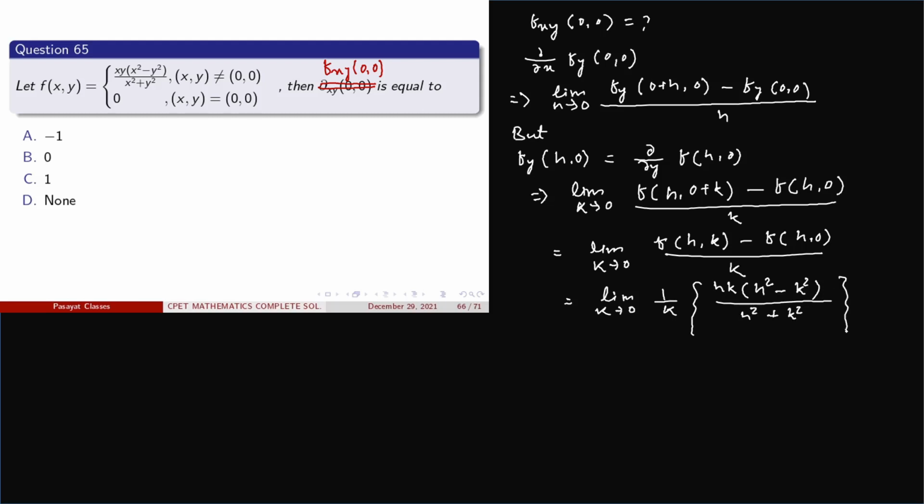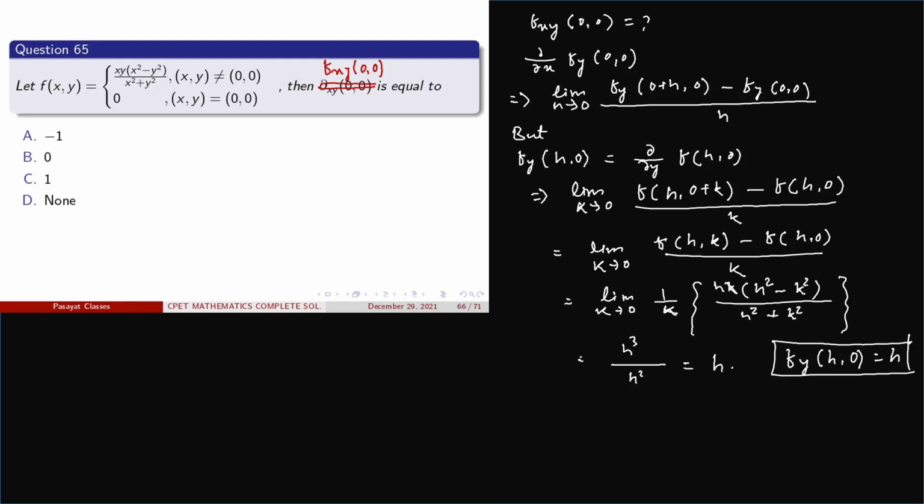Now this k cancels out, and finally when k tends to 0, this is equal to h cube divided by h square, or this is h. So from this we get the value fy of h comma 0 is equal to h.